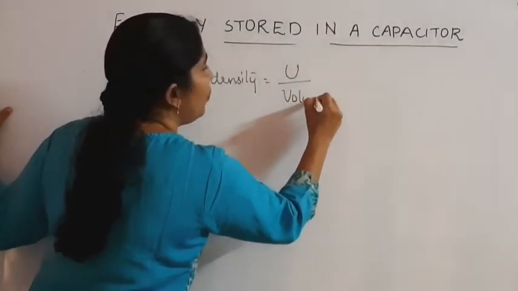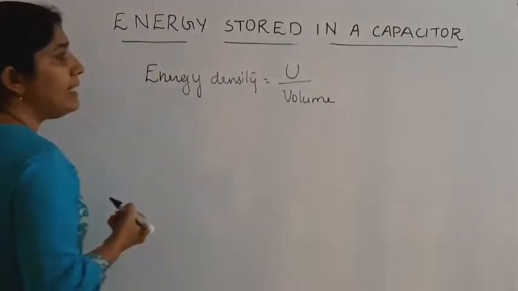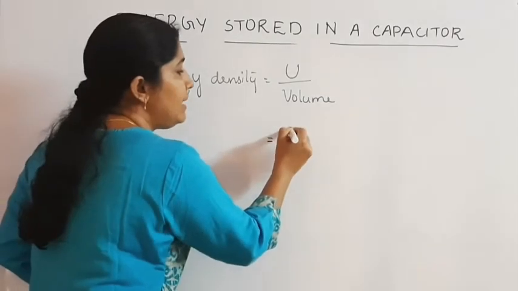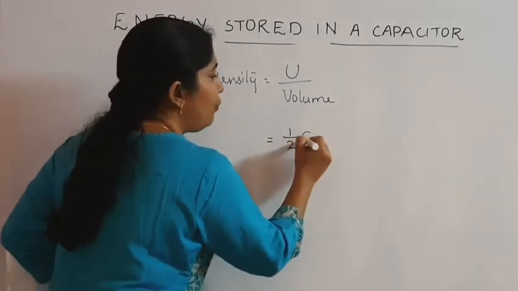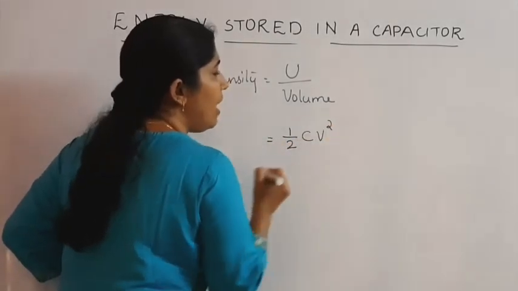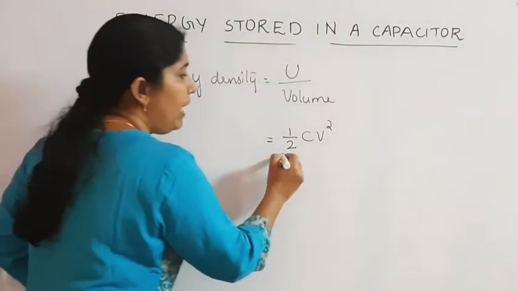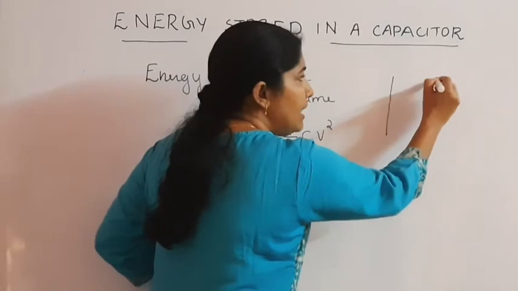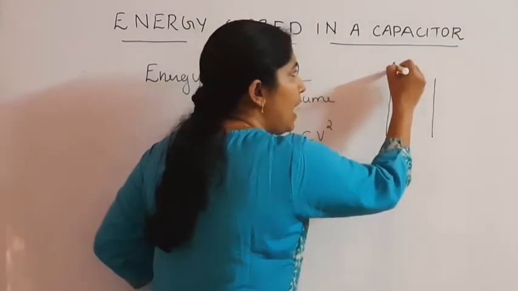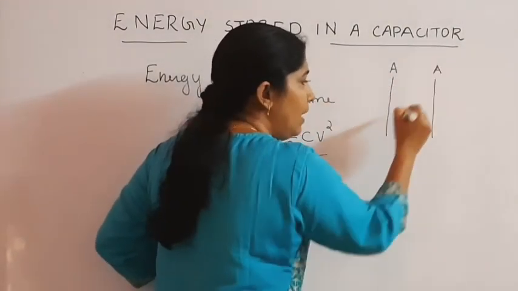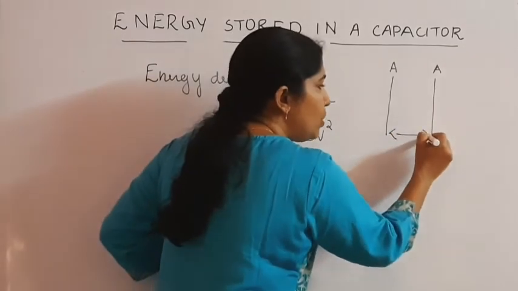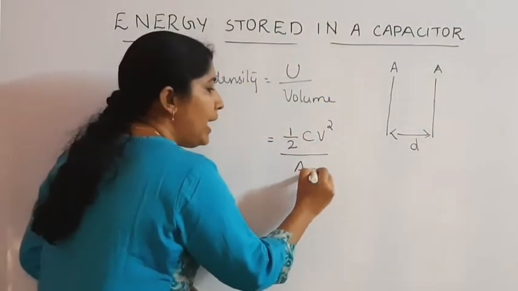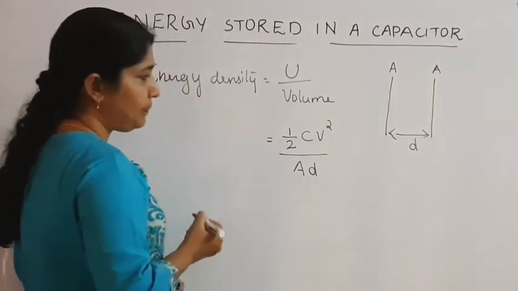One of the equations for energy is half CV square, divided by volume. If A is the area of the plates of the capacitor and D is the distance between the plates, then volume is equal to area into distance.